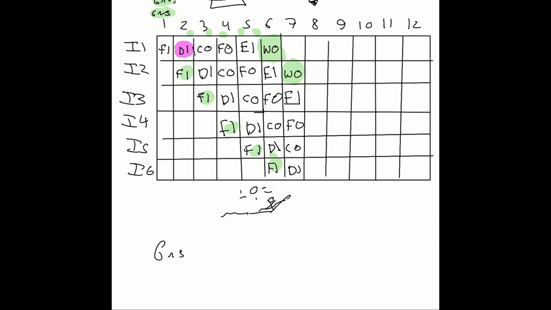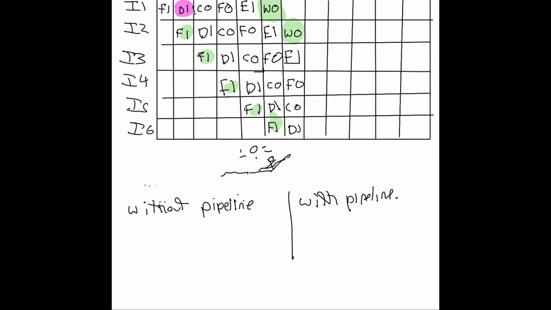Let us say that without pipeline, one instruction takes 6 nanoseconds.